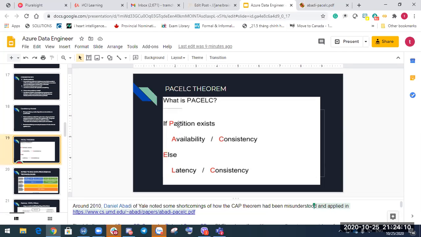That means when a partition exists, CosmosDB will prioritize availability. Else, that means when there is no partition, it will prioritize latency. So when you read the matrix about the PACELC theorem, and you see people say this model is PA/EL, let me write it out for you.